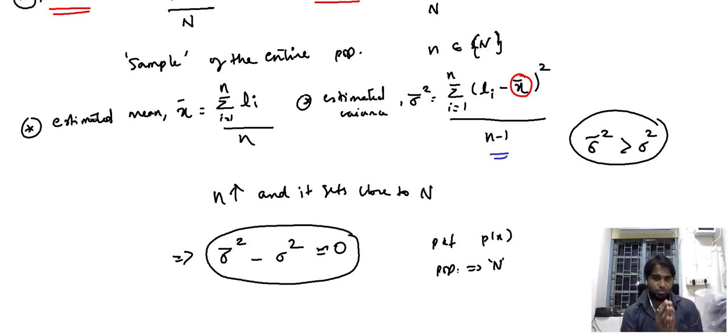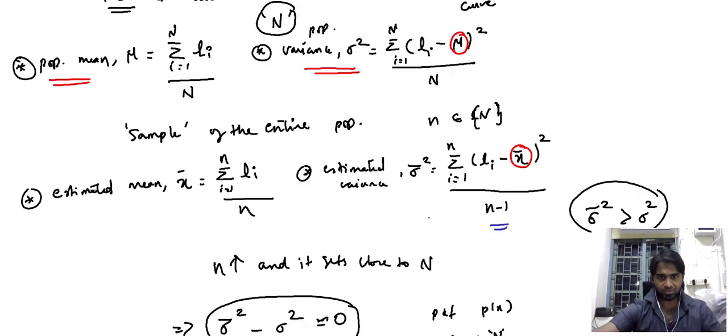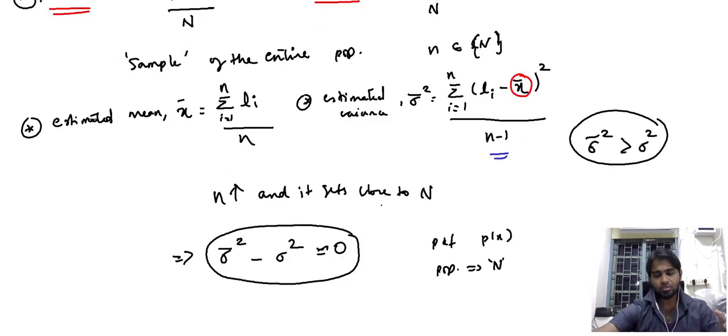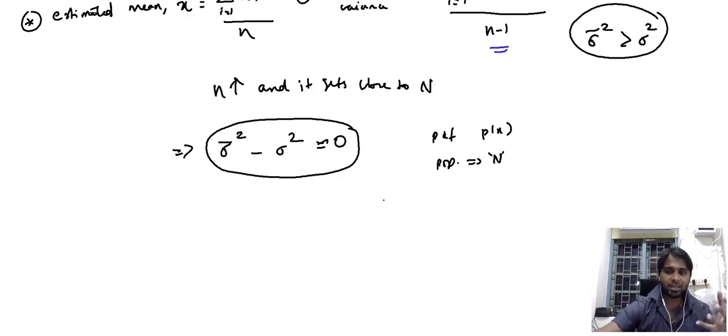So for all these estimations, both the population mean and variance and the estimated mean and variance, the way we are estimating them is by considering the values assumed by the population or the sample and the sample size or the population size that we have.